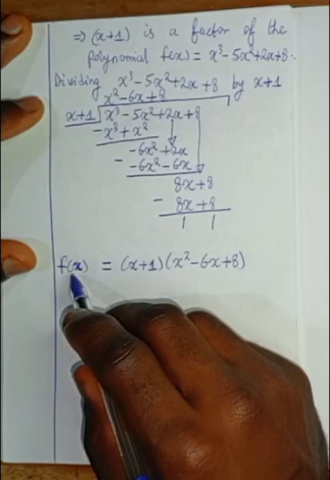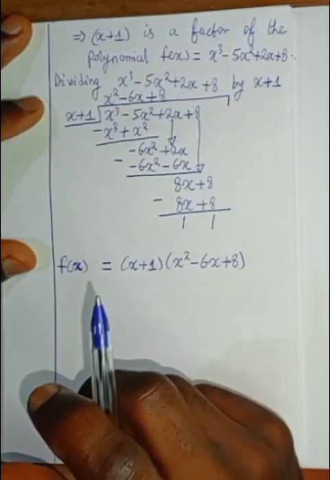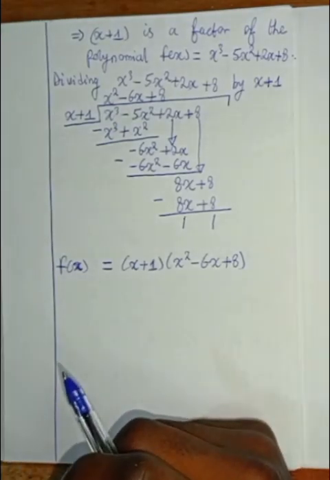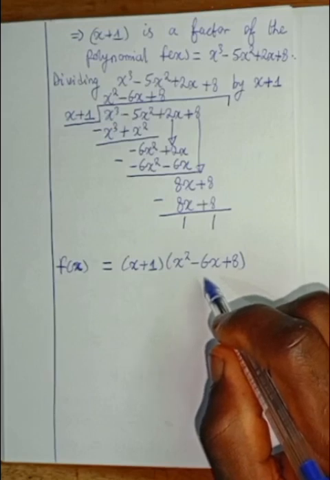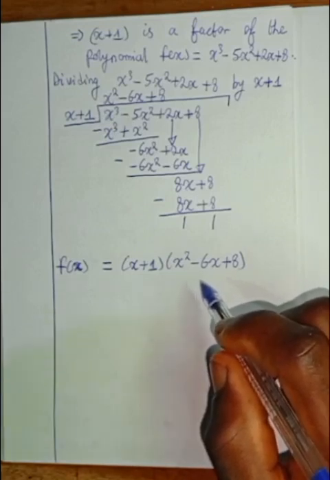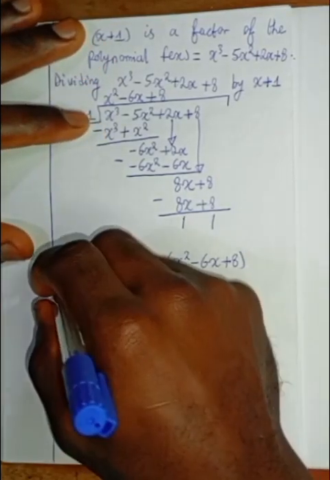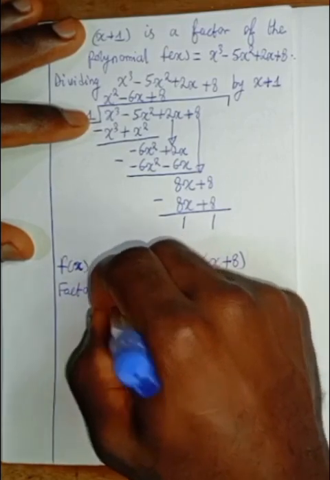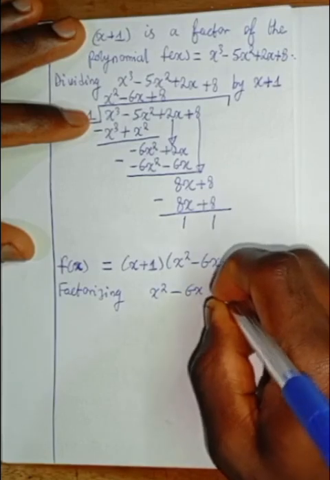Remember, factorizing a polynomial simply means we have to express the polynomial as a product of its linear factors. x squared minus 6x plus 8 is not a linear factor, it is a quadratic factor. So the next step, we need to factorize x squared minus 6x plus 8.